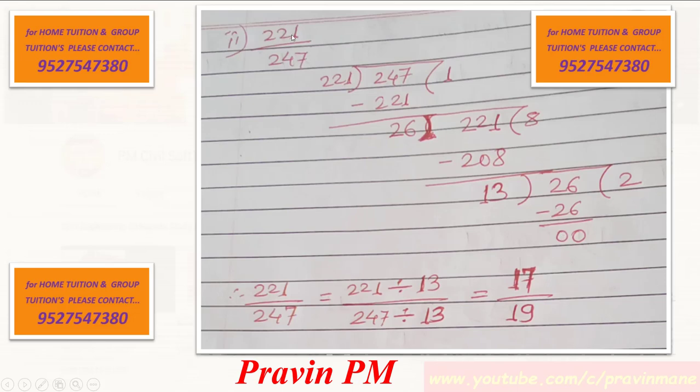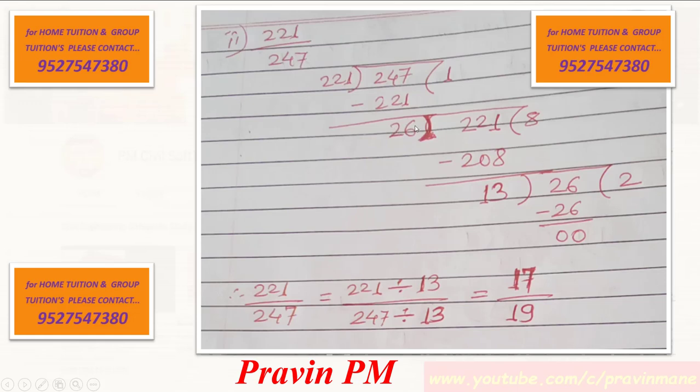First, make the bigger number the dividend and the smaller number the divisor. 221 ones are 221. This is the quotient. And 247 minus 221 is equal to 26.